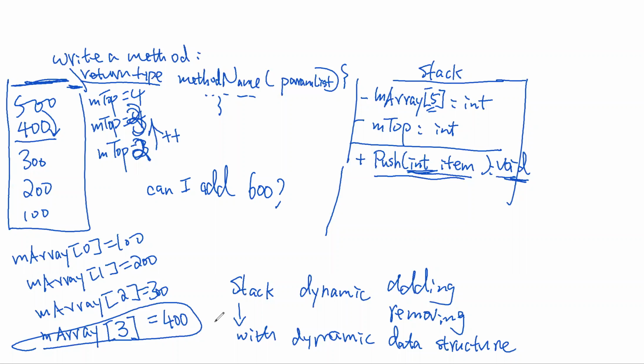Can you add 600? No, because the array is already full. There is no empty space for you to add.